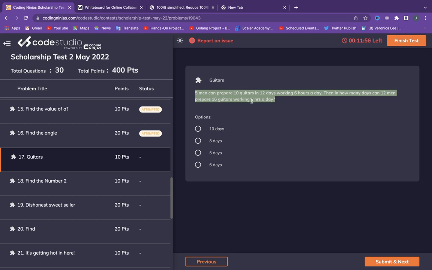Okay. 5 men can prepare 10 guitars in 12 days. So in one day, one man can prepare 10 divided by 5 into 12, right? And in 1 hour, we divide by 6 again, right? How many days can 12 men prepare 16 guitars? So 12 here, 16 here, 8 here, and x here.